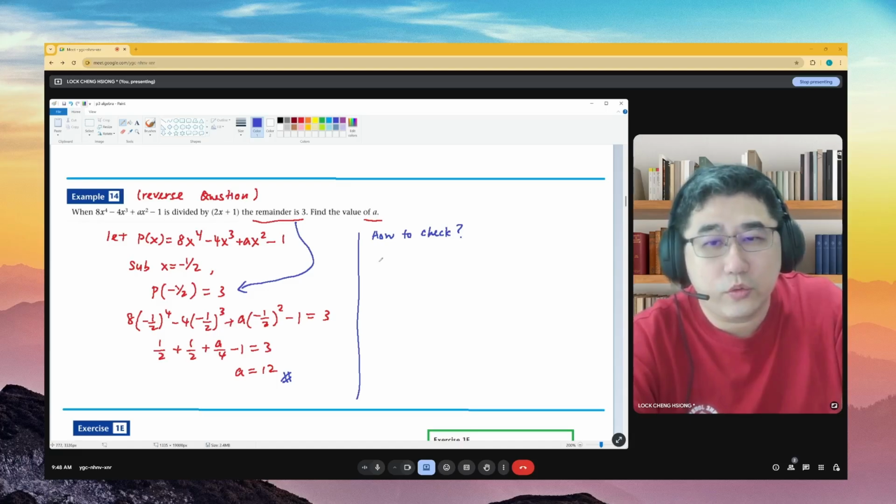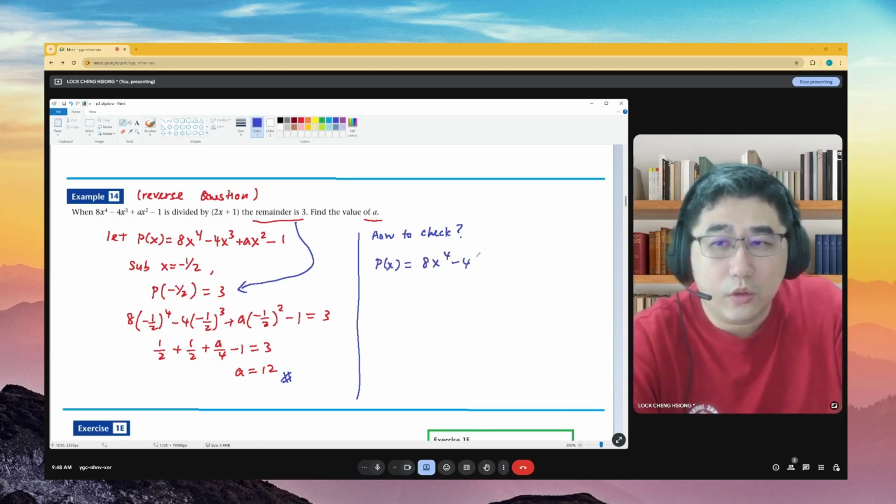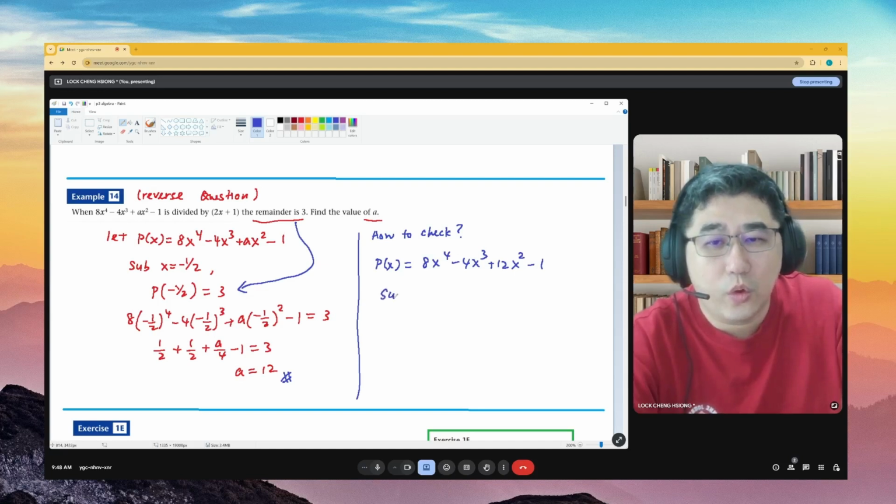So what we need to do is rewrite the equation first. So 8x to the 4 minus 4x cubed plus 12x squared minus 1. So we need to substitute x equals negative 1 over 2.